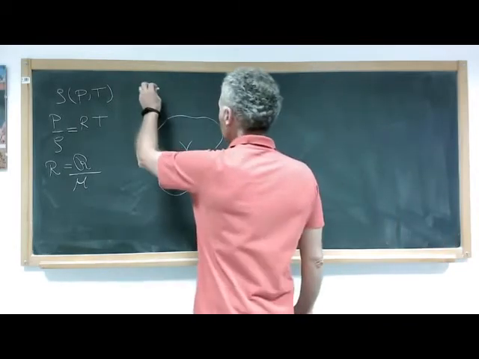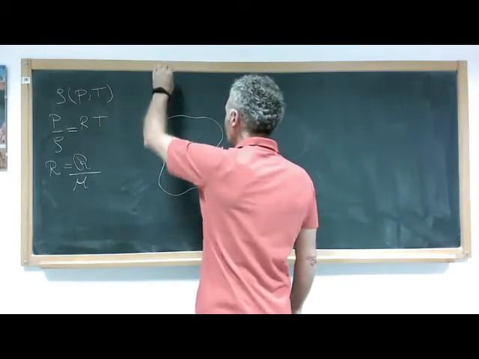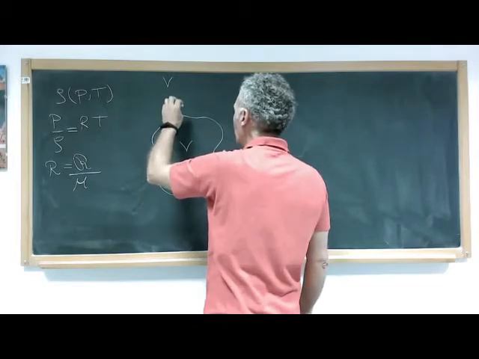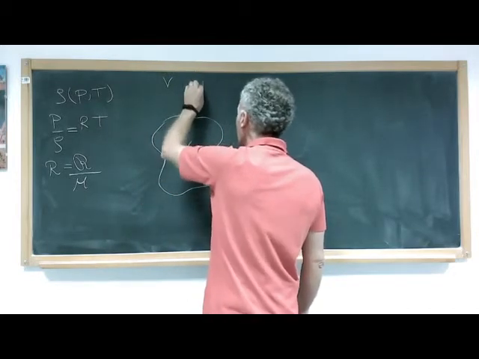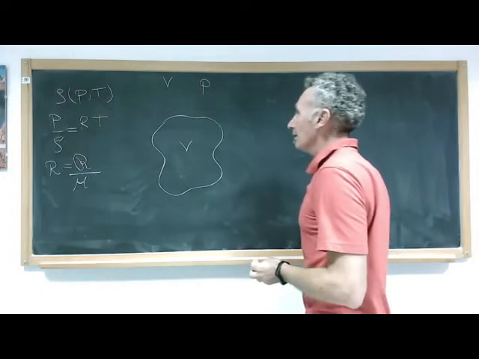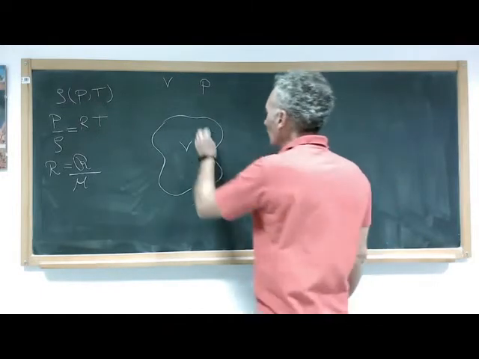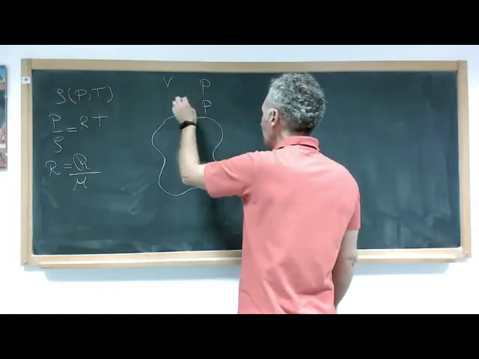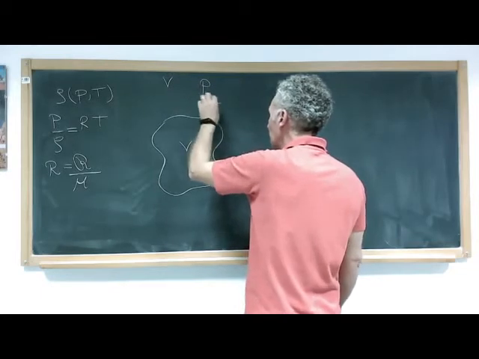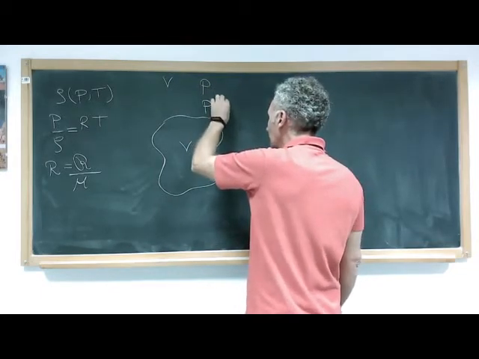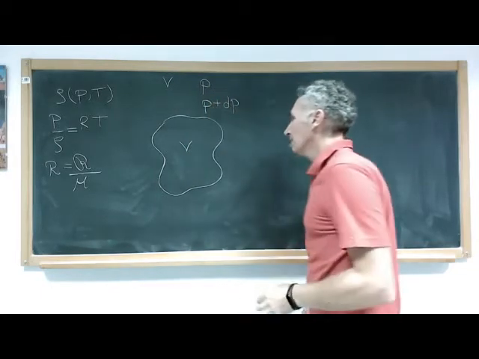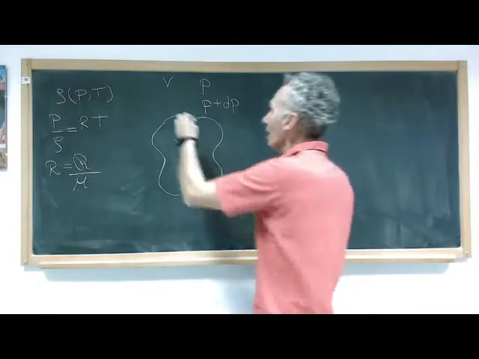So we start from the idea that the fluid has a volume V when the pressure is P. Then we apply a pressure variation, P plus say dP, and then we have a volume variation.